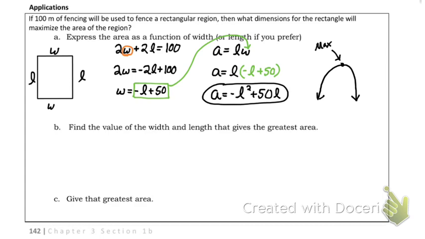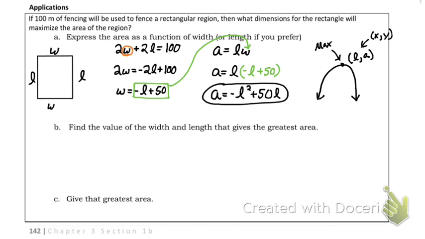So that point at the tippy top is the point L, comma, area. Those are really your X and Y values. Input, output. So I just need to find this maximum, and I'll have my length. Once I have my length, I can find my width. And then I can find my area.